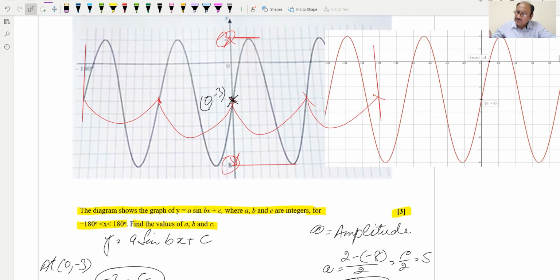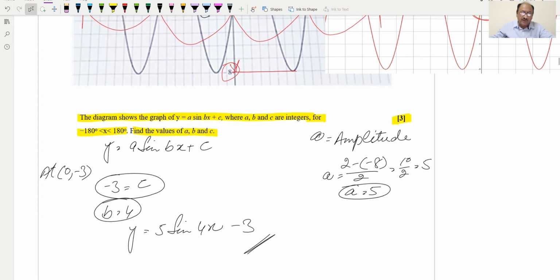Basically, I wanted to show you the point (0, -3). The x-intercept is not required, but in this case we required this point. We use this point to find the value of c. We replace this (0, -3) to find the value of c.